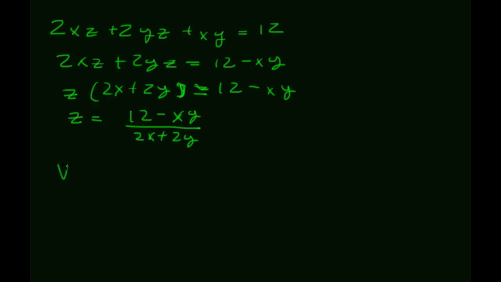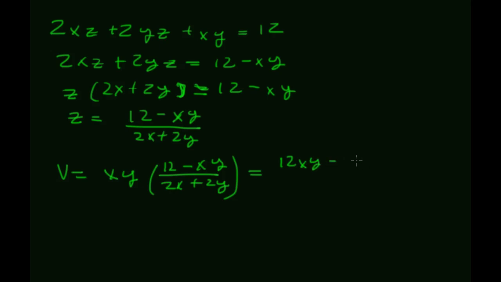So if I sub that into the volume, I now have xy times (12 minus xy) over (2x plus 2y), which I could rewrite as 12xy minus x squared y squared, all over 2x plus 2y.